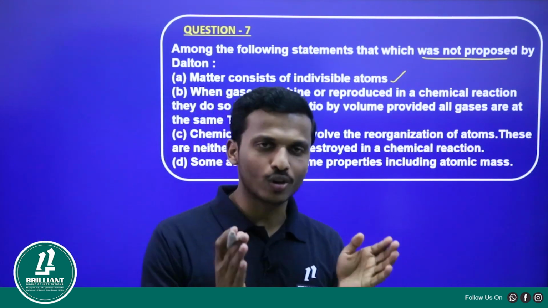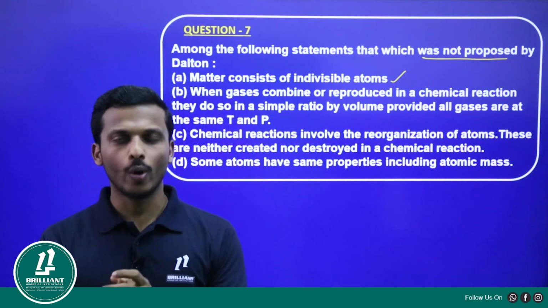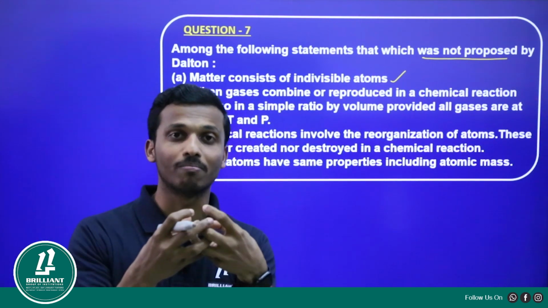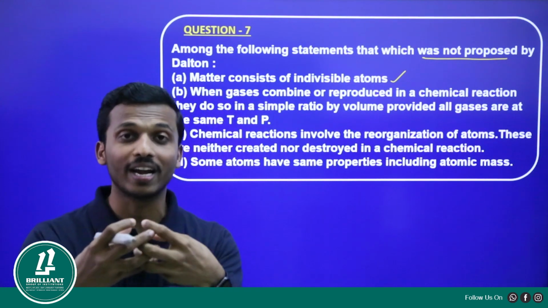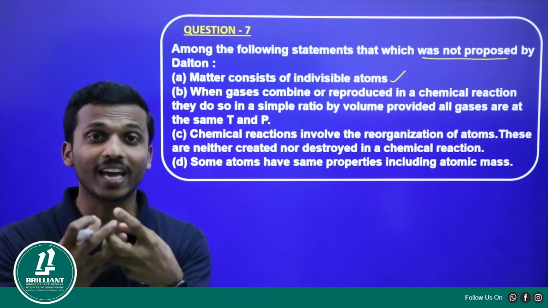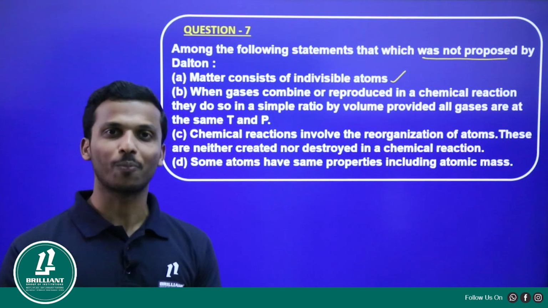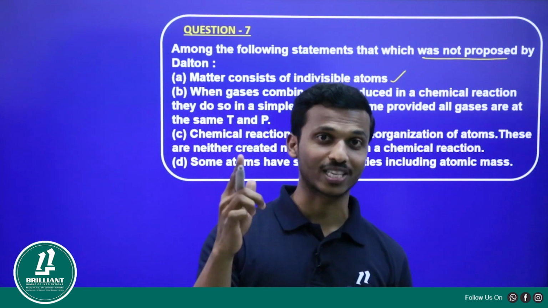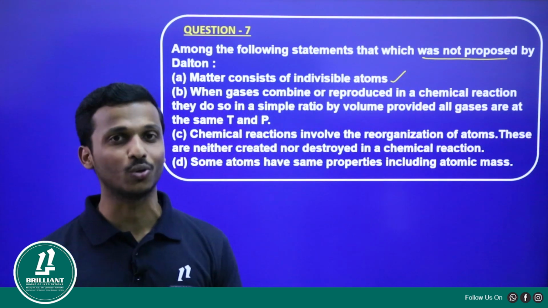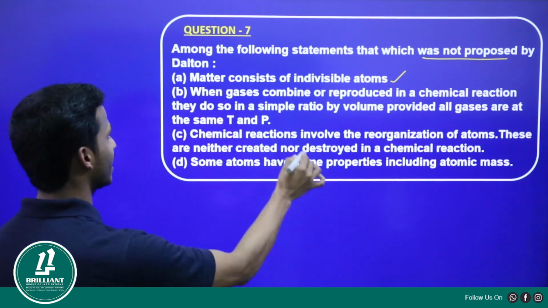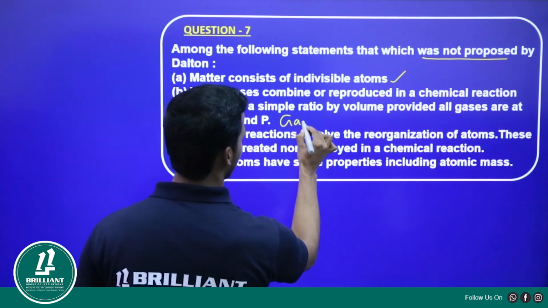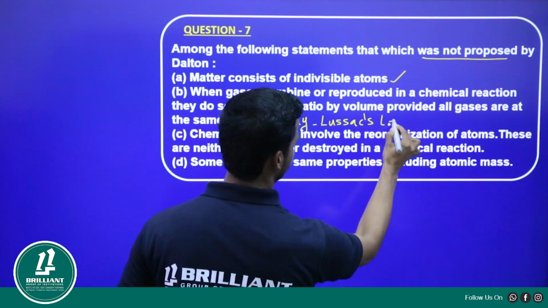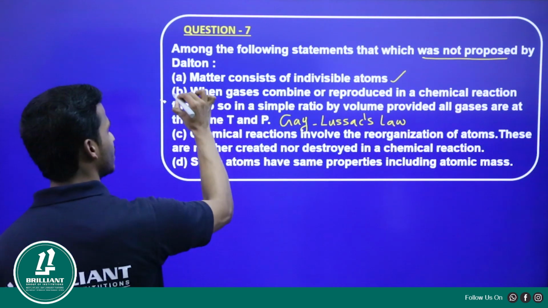You have studied at constant temperature and pressure, when gaseous molecules combine, they do so in a simple whole number ratio by volume. And it is not proposed by Dalton. This law is called Gay-Lussac's law, which is applicable to gaseous systems. So the second one is given by Gay-Lussac's law, not by Dalton. So your answer is option B.